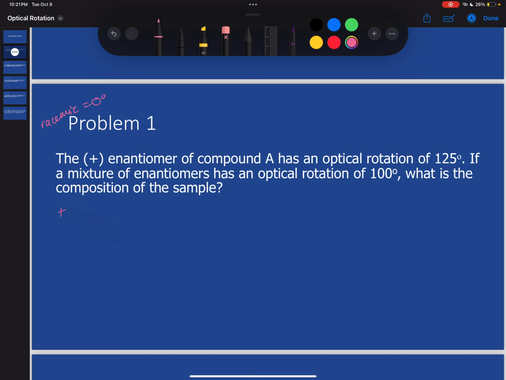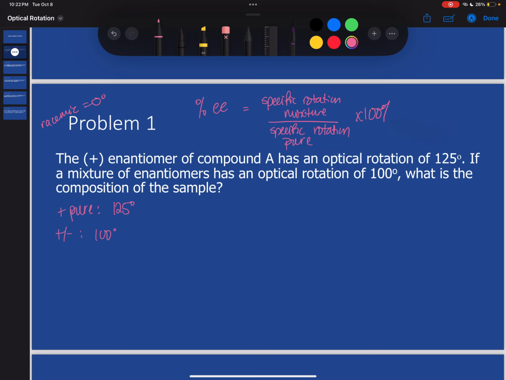All right, so again, pure is 125 degrees, and we have a mixture of plus and minus at 100 degrees. To calculate EE, you take the specific rotation of your mixture, that is, having both, and divide by the specific rotation of the pure enantiomer, and then you multiply by 100%.